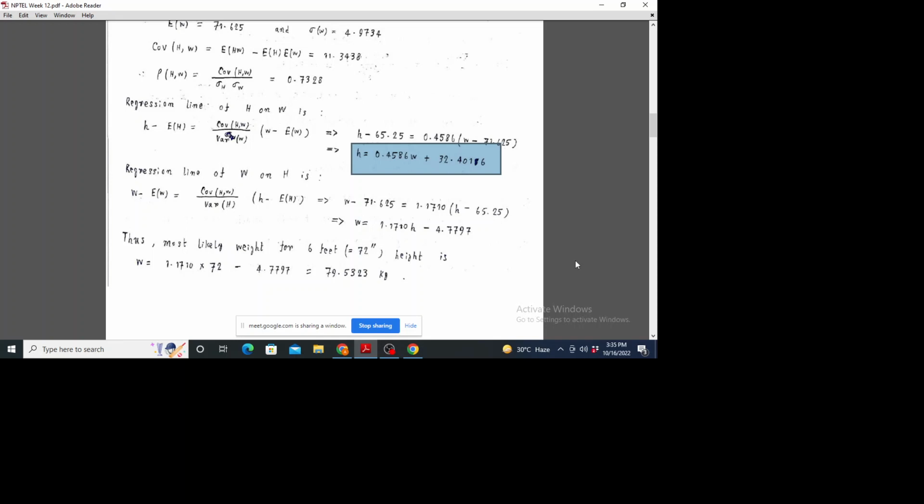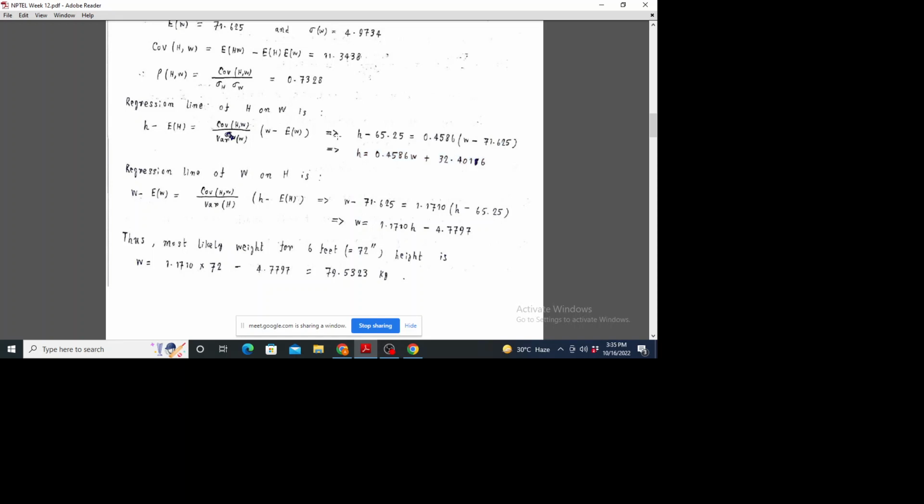So this is the regression line of H on W. I think that in the assignment the options are quite vague. The options say find the regression line of x on y, but they have not specified what x and y are. Here I have chosen to write h and w instead. The notation is quite clear, but you can see the resemblance between these answers and the ones given in the options.